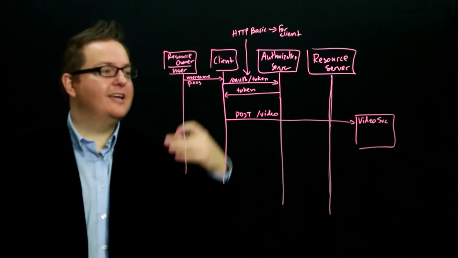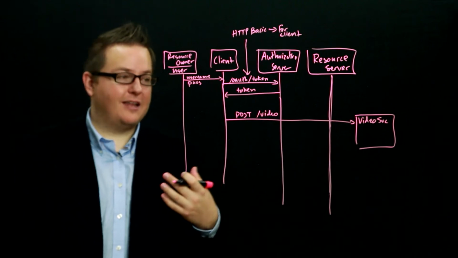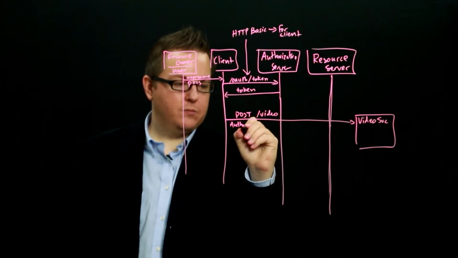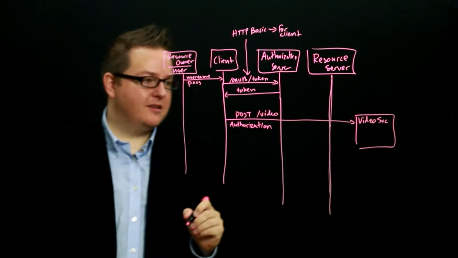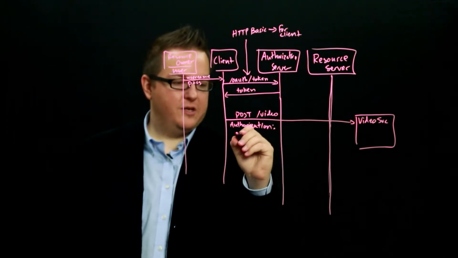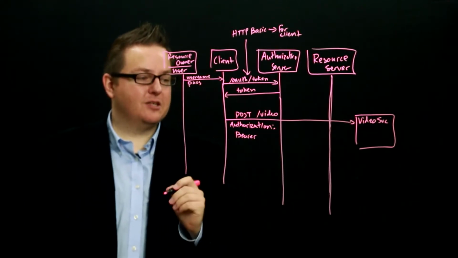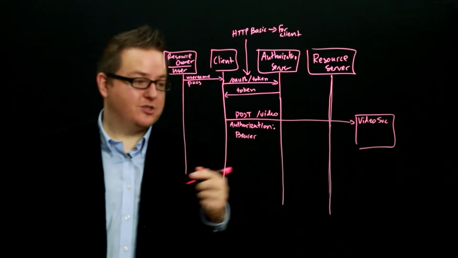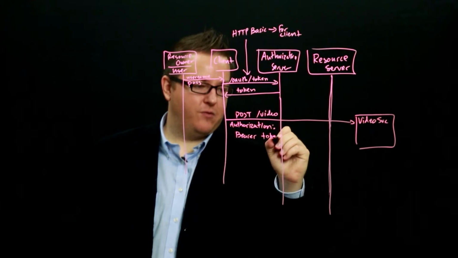In order to tell the authorization server that we've already authenticated and we've gotten a valet key, we add an authorization header like we did for basic authentication, but rather than using basic as the keyword, we use bearer, meaning a bearer token. Whoever has this particular token should get access and get whatever rights are associated with that token. And then we provide the token that we received before.